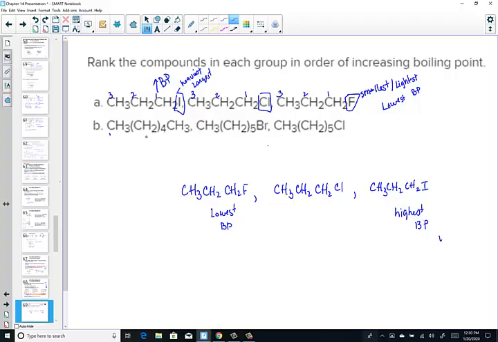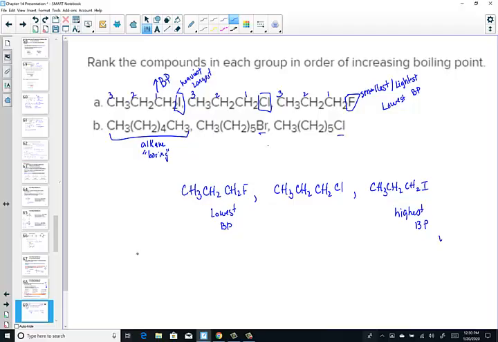Well, this is interesting. This right here is kind of a boring straight chain alkane. I don't see any halogens at all. Okay, so boring. Very few intermolecular attractions. So now, here's bromine and chlorine in a straight chain.